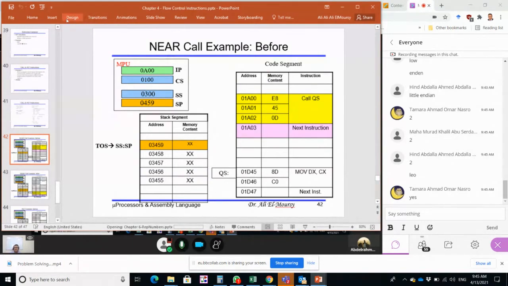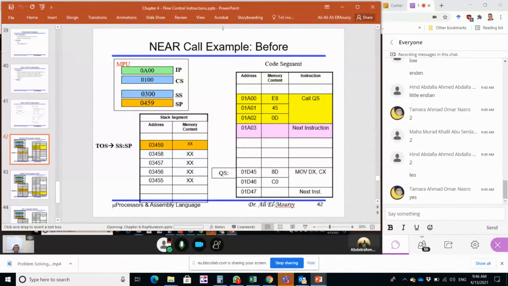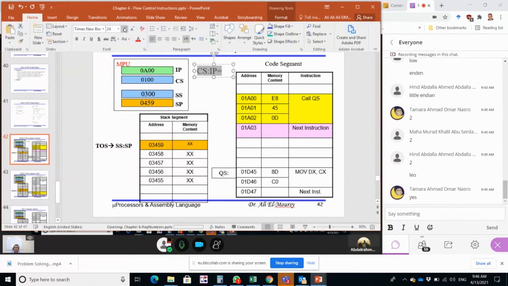As usual, let's insert a text box and put here where the microprocessor is now executing: CS:IP, the current CS:IP. Let me just reduce the size a little bit here.